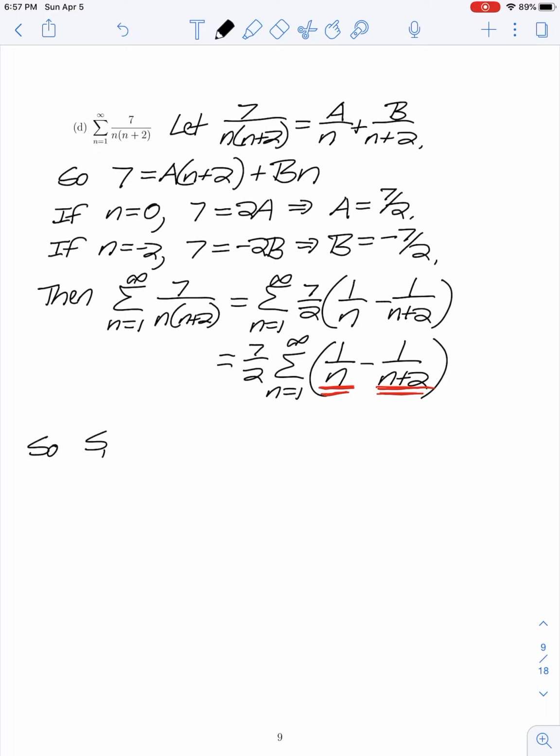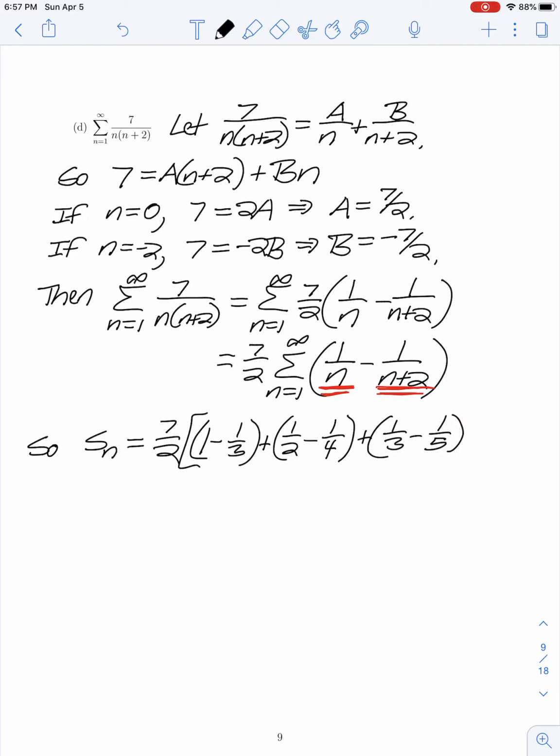Here, the nth partial sum, s sub n, will be given by a constant 7/2 times the terms of this series. Now the first term of my series, if n equals 1, is 1 minus 1/3 plus the second term would be 1/2 minus 1/4 plus 1/3 minus 1/5 plus 1/4 minus 1/6, and so on.